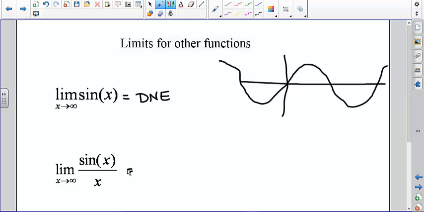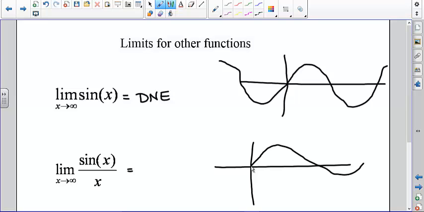Whereas if you plot the sine of x divided by x, it looks just like the sine of x, except it gets smaller and smaller. So it still oscillates forever, but because it is getting smaller and smaller, this is equal to 0.